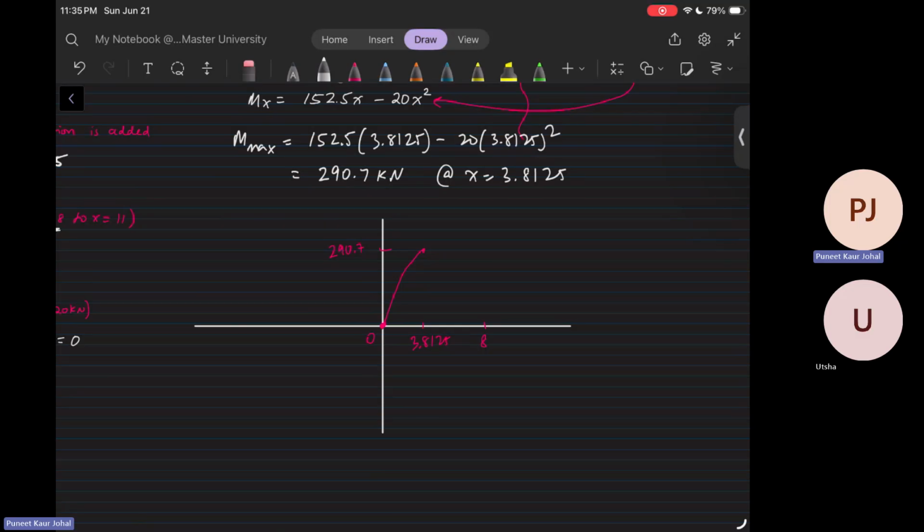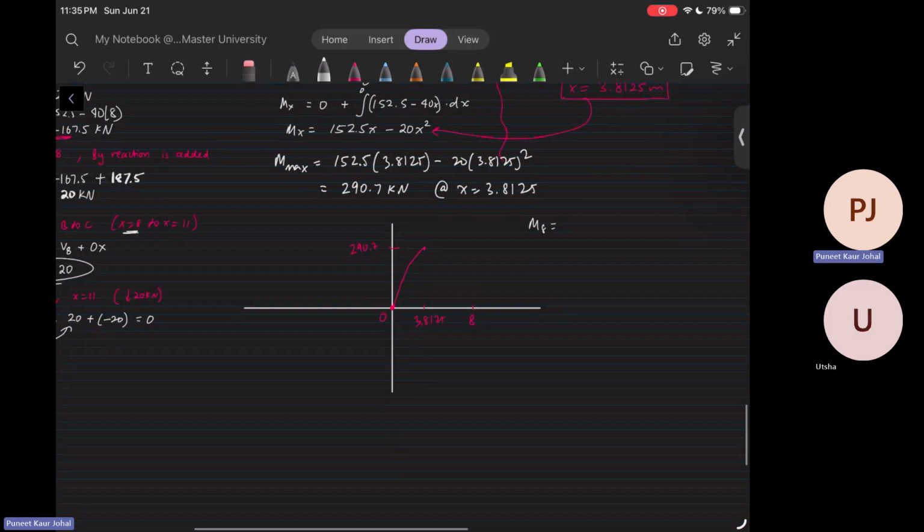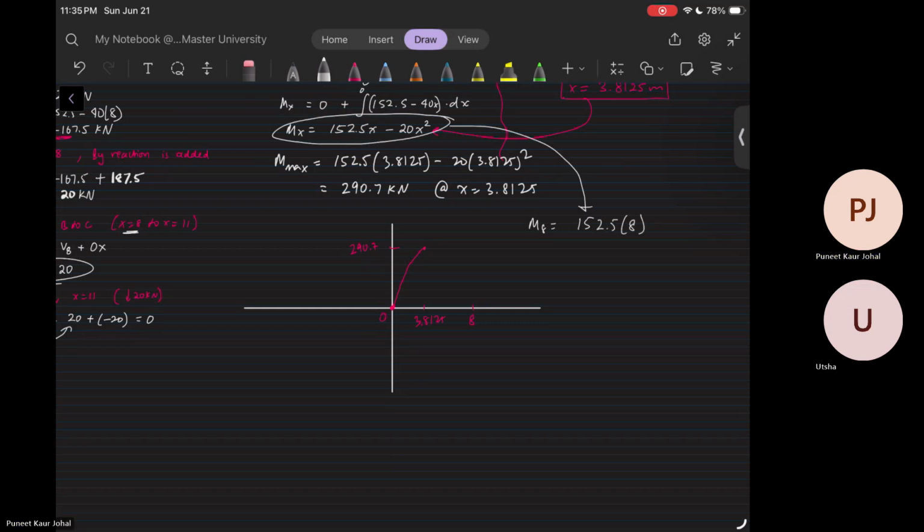So the next big point is what happens to the moment at x equals 8. So again, in this very same equation, I'm going to just input x as 8 and see what my bending moment is. And I think it is -60 here.